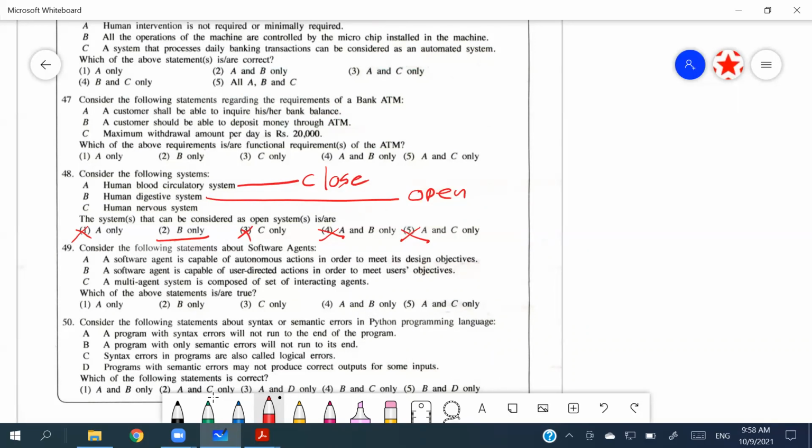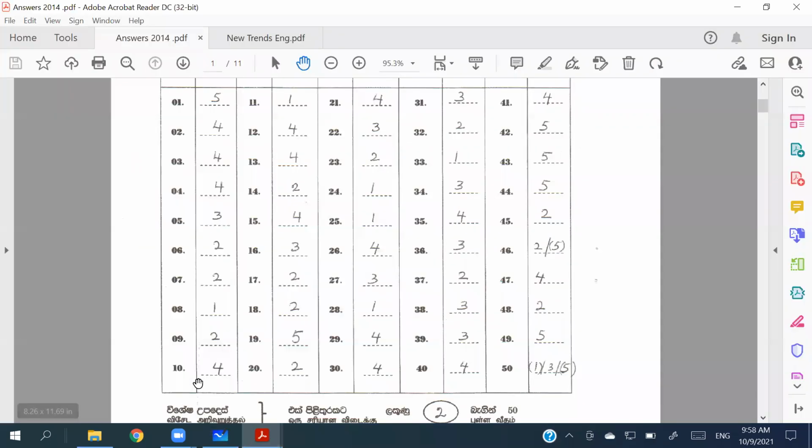So input is received from the outside, that means from the environment, right? So the central nervous system can be considered as an open one. But here they just went with only the human digestive system. So for the 48th, they've taken the second one, right?